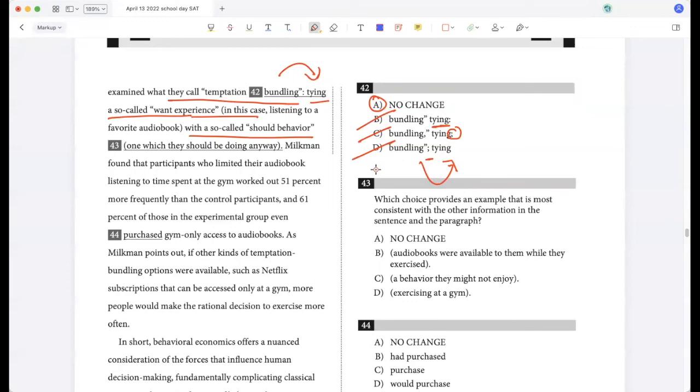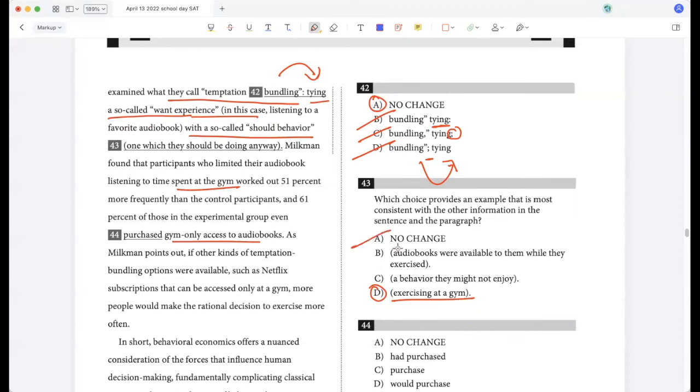Okay, so a want experience is that they wanted to listen to a favorite audiobook, and a should experience would be that they should exercise at the gym, right? Because that is what the experiment talks about. So exercising at the gym sounds like a good answer. "One that they should be doing anyway" is a good definition of should behavior, but doesn't tie in with what the example tells me.